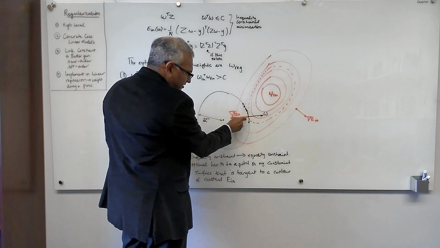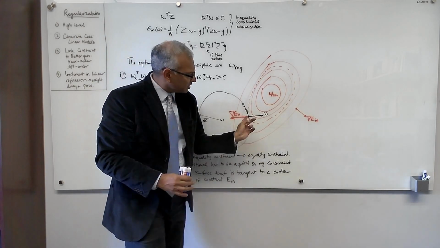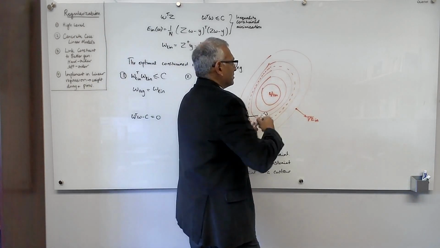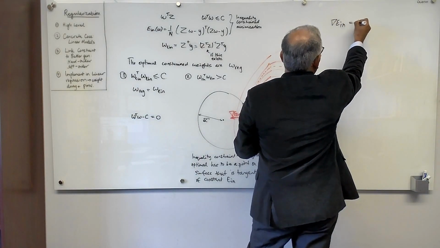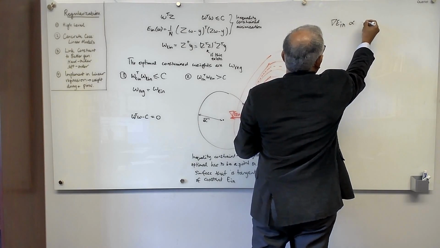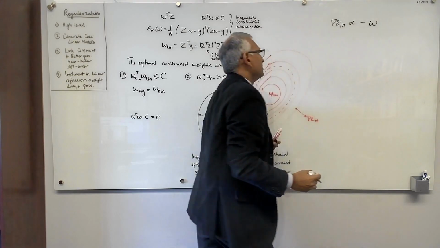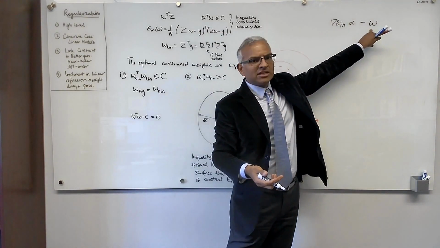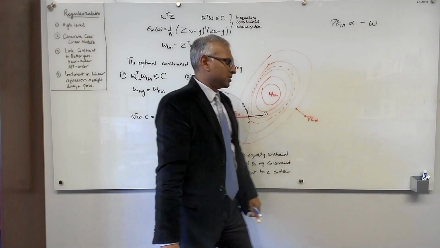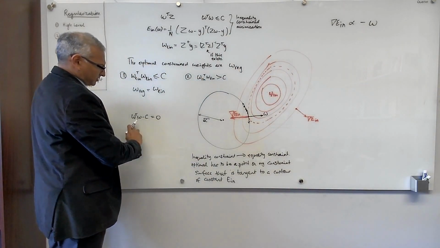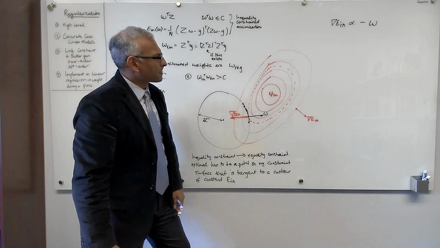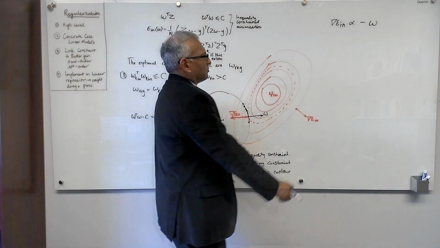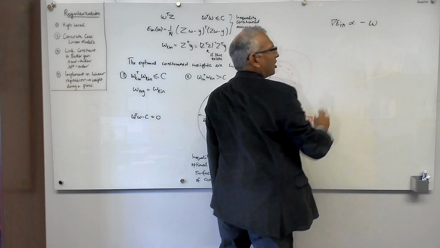A necessary condition for being at an optimal is that the gradient of the in-sample error is proportional to minus W. In a more general setting, this would be replaced by minus the gradient of the function that defines the constraint surface. Proportional to means it's equal to some constant times that.